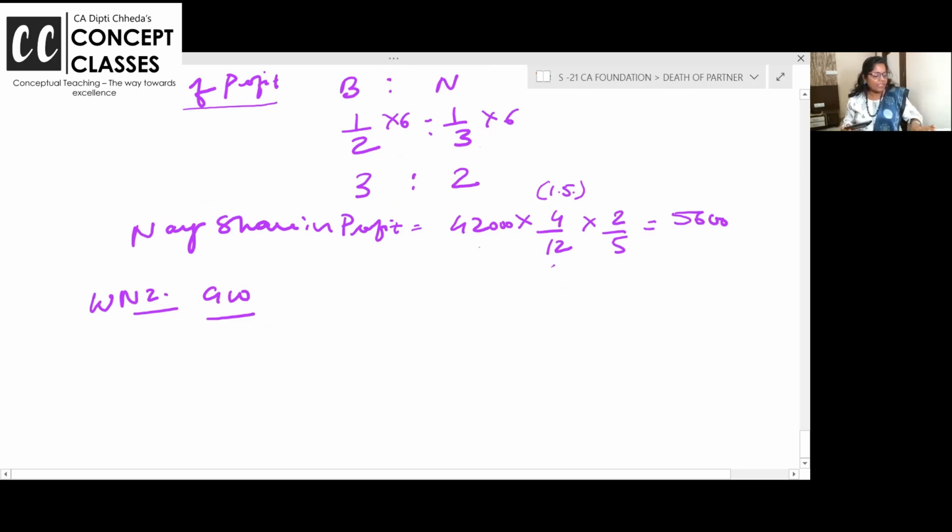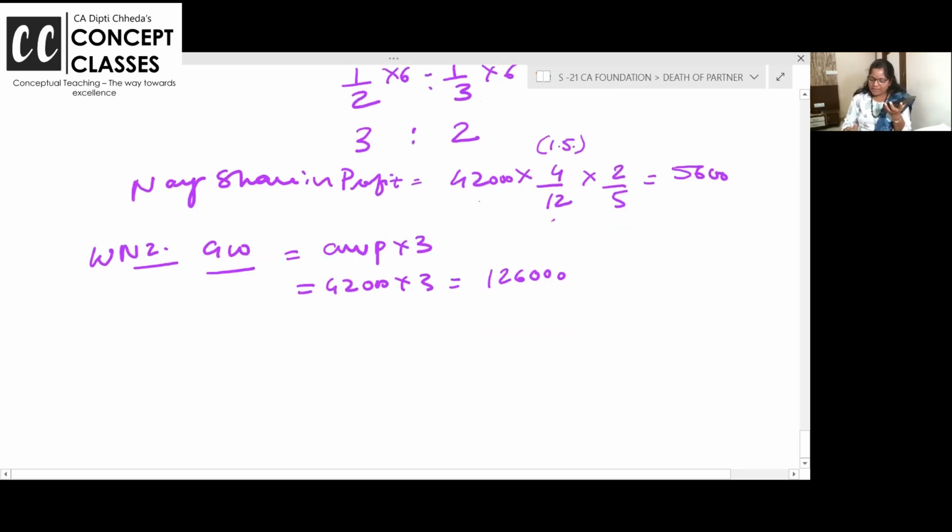Goodwill based on 3 years purchase of the average profit of 3 years. Goodwill is equal to average profit into 3 years. So 42,000 into 3. Same figures, so confusing. Average profit is 42 because we divided by 3. Now multiplied by 3. So goodwill is coming 126.